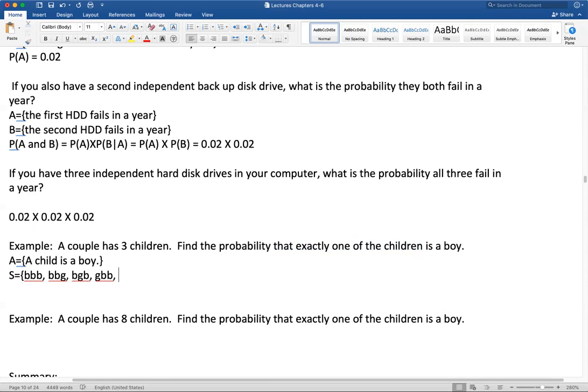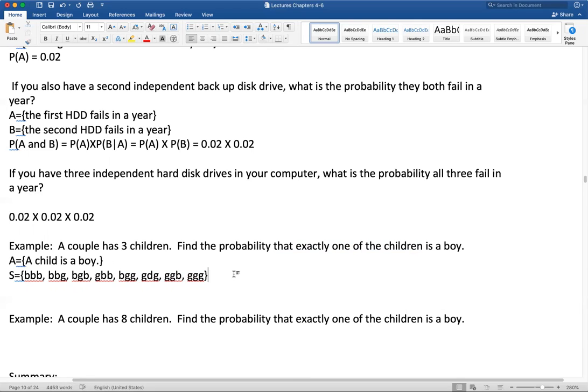And then BGG, GBG, GGB, and then GGG, right? So we have 8 outcomes. These are simple events, cannot be broken down further, right? So 1, 2, 3, 4, 5, 6, 7, 8.